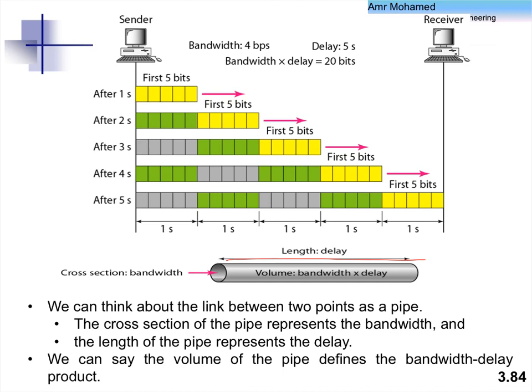So if I want to send a burst, I can send each bit, and by the time I finish this, which is the delay, I will have calculated the bandwidth, which is the width of the pipe, multiplied by the delay, which is the length of the pipe. So in other words, I'm calculating the volume. Right? The volume of this pipe, or in other words, the amount of bits that can fill the line.